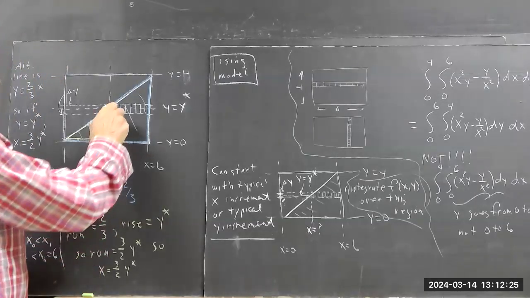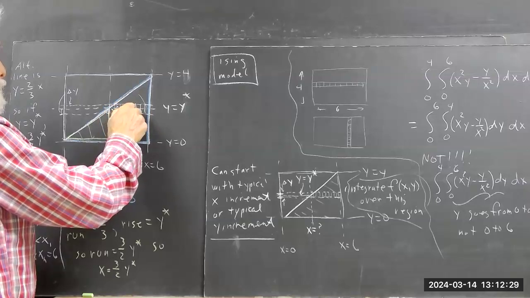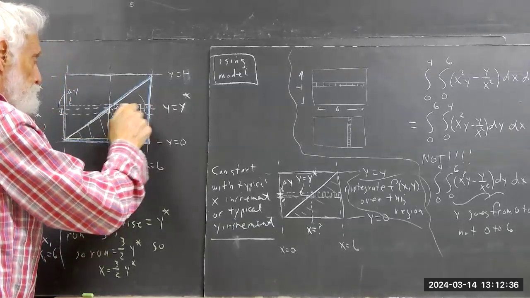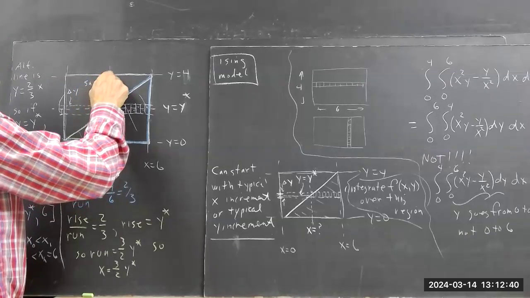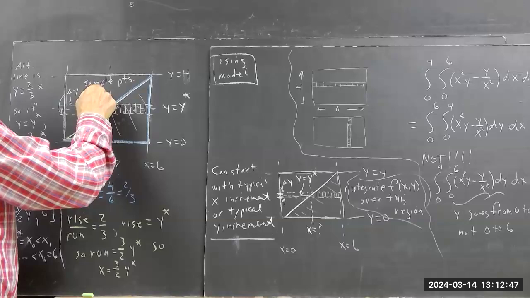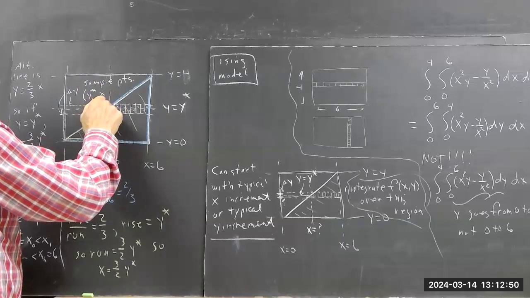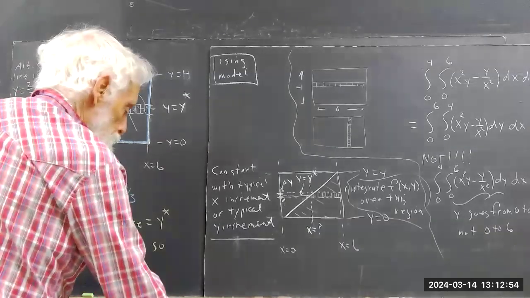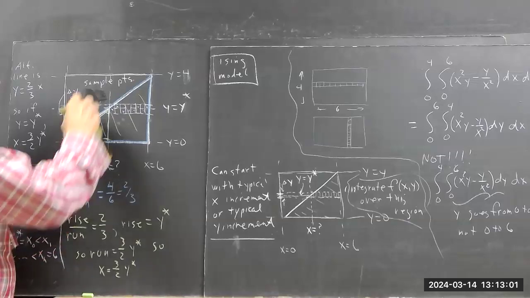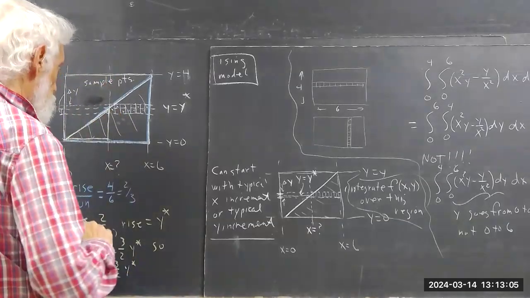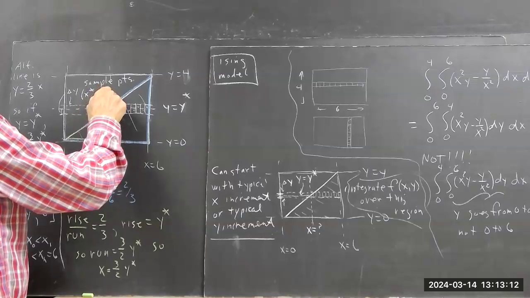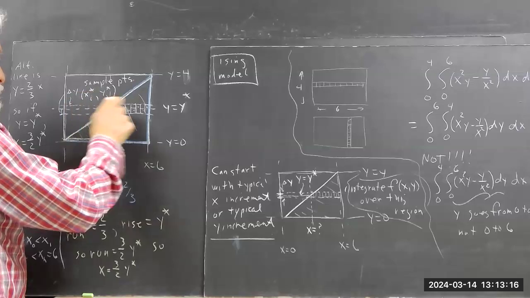And of course, within each of these increments, we have sample points, which will ultimately be, if you have foresight enough to write in the correct order, xi star, yj star.